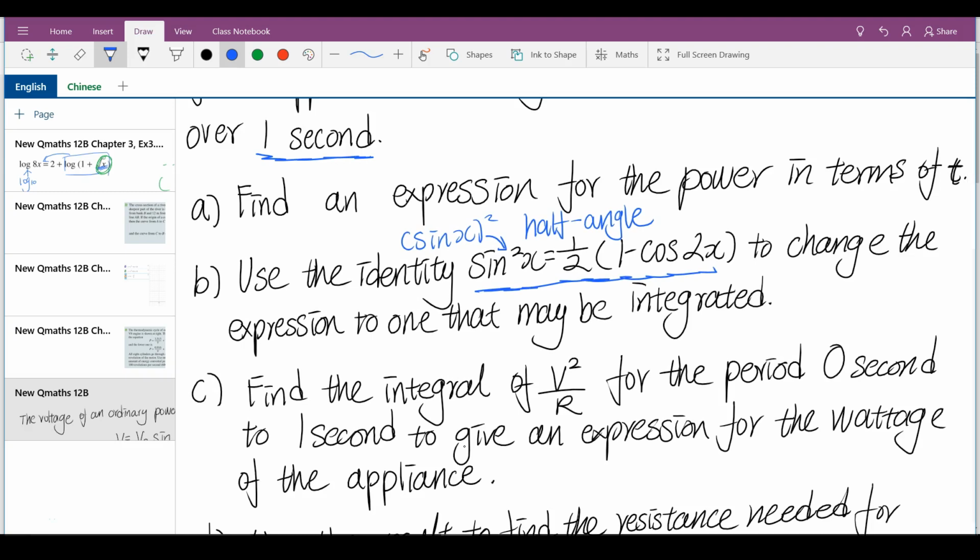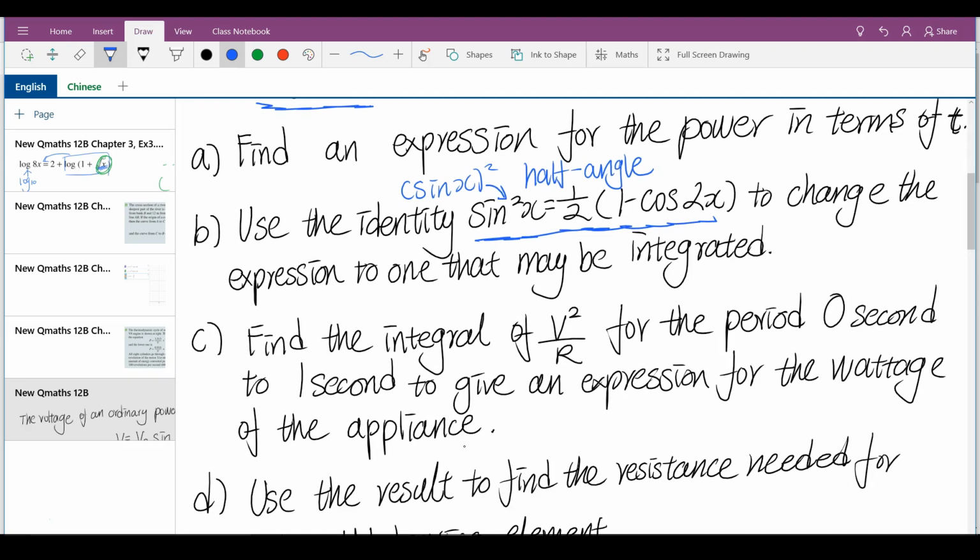We did that. So question C: find the integral of v squared over r for the period 0 second to 1 second. This is a definite integral, from 0 seconds to 1 second, to give an expression for the wattage of the appliance. Wattage is watt, which is power.